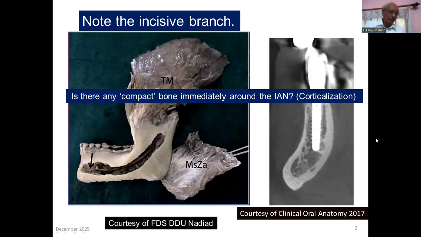And now the question which is asked is: is there any compact bone immediately around the inferior alveolar neurovascular bundle? The answer is yes, but it is not complete. It is perforated, and in cadaveric dissection, we remove that compact bone to expose the neurovascular bundle.